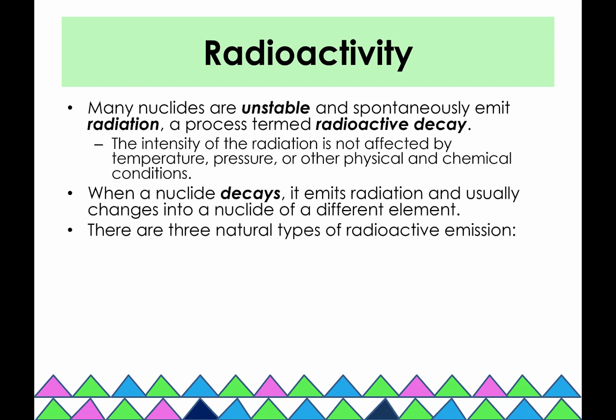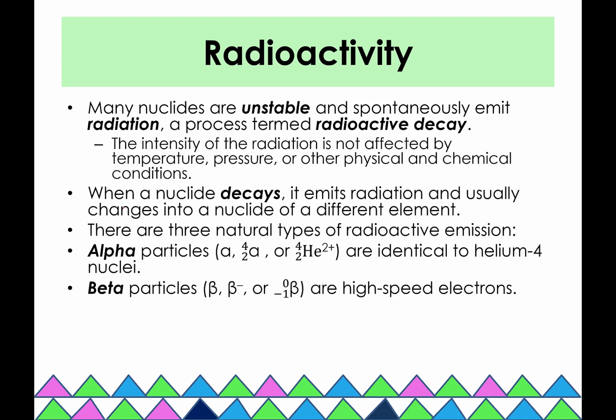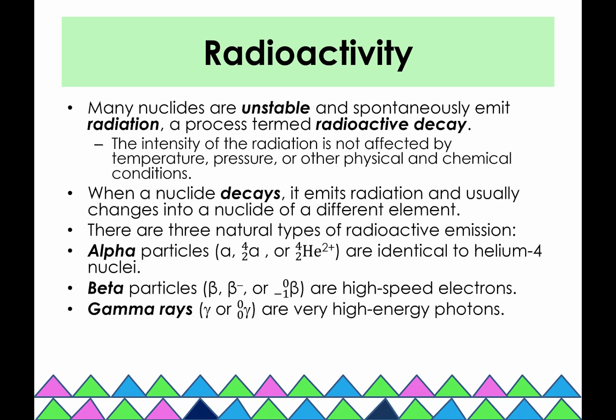There are 3 natural types of radioactive emission: alpha particles, beta particles, and gamma rays. Alpha particles are essentially helium-4 nuclei, beta particles are electrons, and gamma rays are high-energy photons.